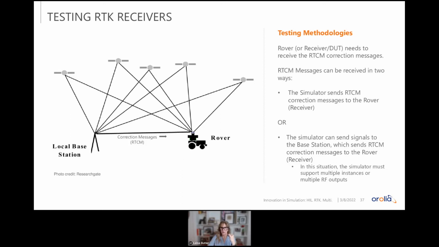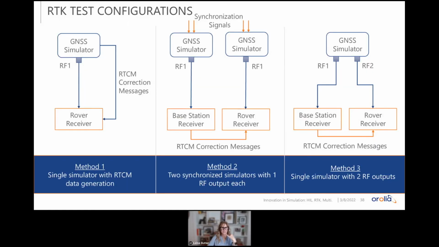If you want to look at that in a diagram, look at the left. You, as the user, have a receiver with RTK, and you want the simulator that you have to provide the RTCM messages.